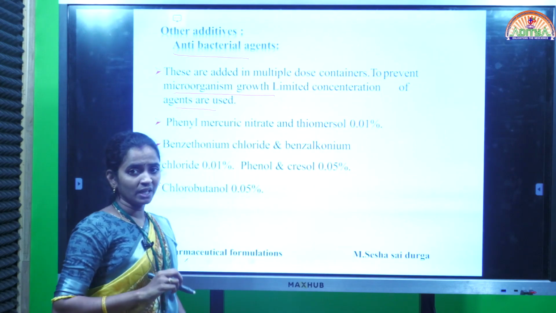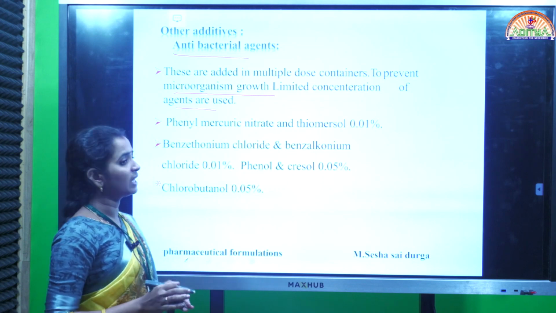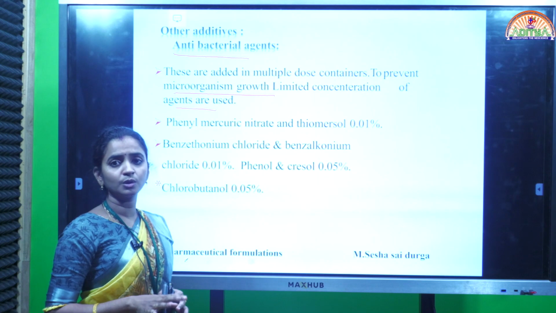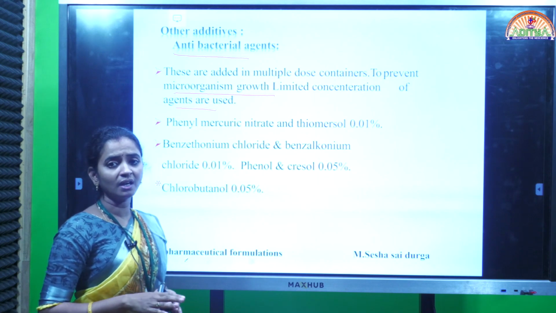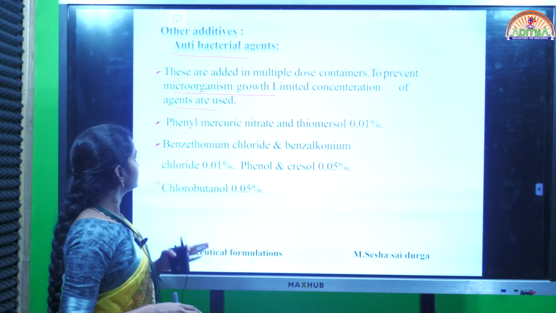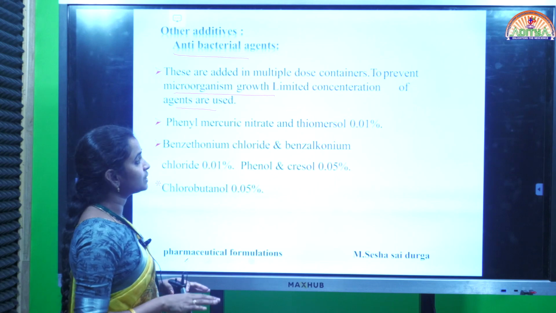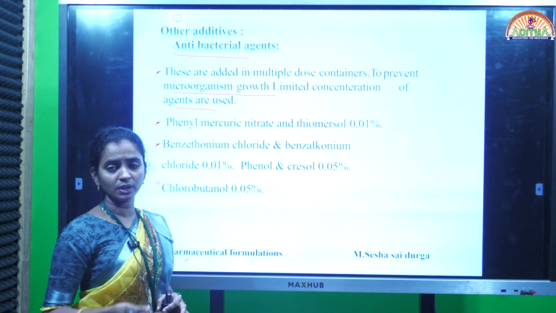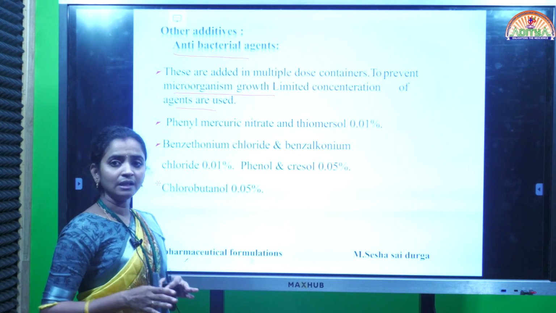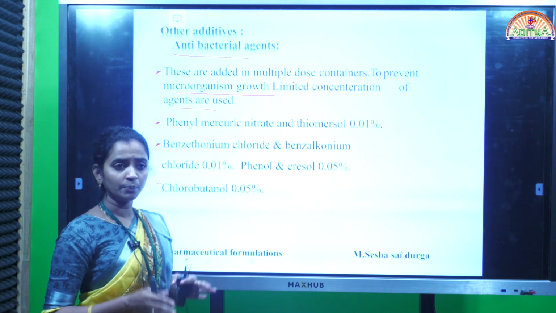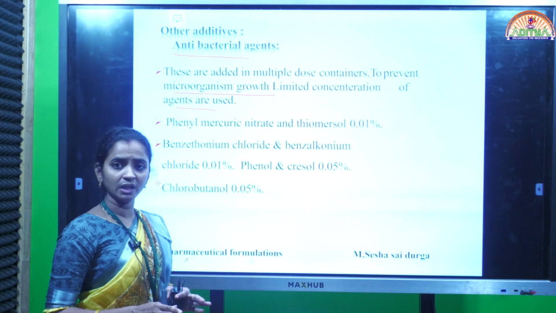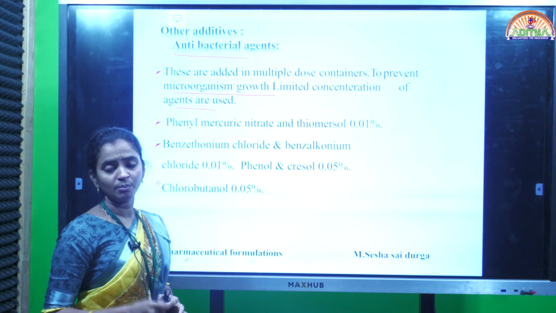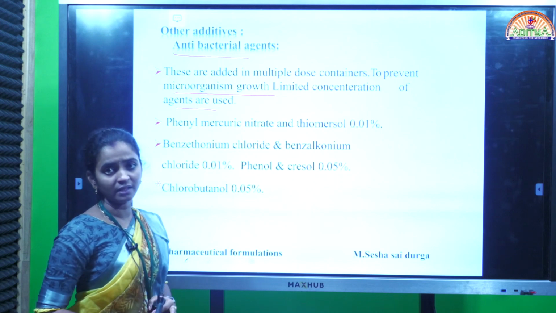So bacteriostatic agent means nothing but it suppresses the growth of the microorganisms and other bacteria. So these are used mainly to suppress the growth of bacteria in the formulation, either during the storage, during manufacturing, until used by the consumer. The product should be stable without any degradation. So to maintain that stability of the product we include these bacteriostatic agents.